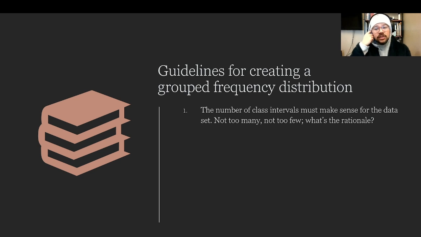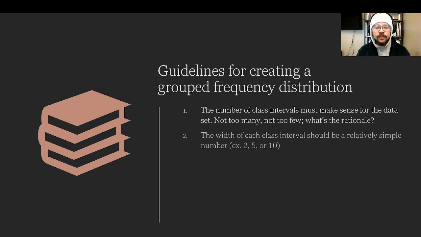That in and of itself, just having two categories may not be enough categories for me to be able to determine anything from our data. Remember that the point of these frequency distributions and these group frequency distributions is to help simplify and clarify data. In the clarification process, we can't just have, in this particular case, two categories, two class intervals. That's not going to make sense for us. But again, we have to have a rationale.